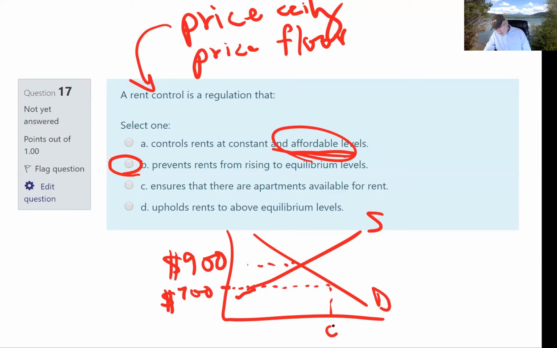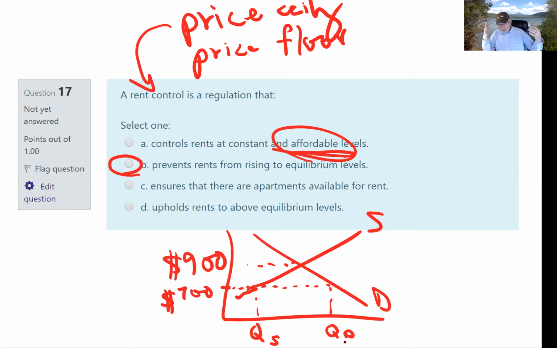It ensures that the quantity available will be less than the quantity that people want. Okay? Very important to recognize that a shortage of apartments is caused by rent control.